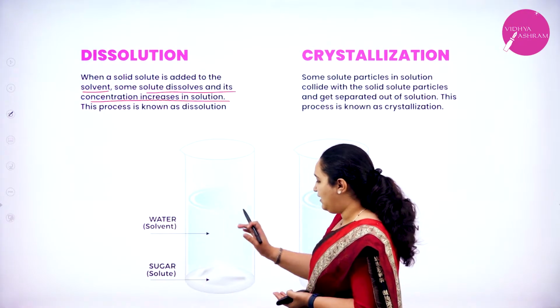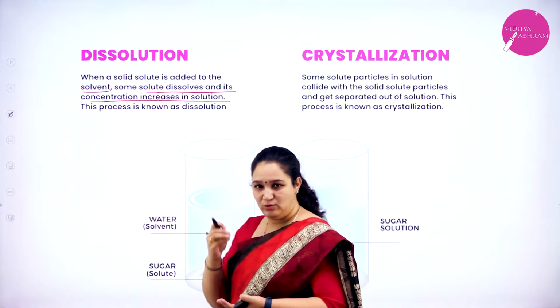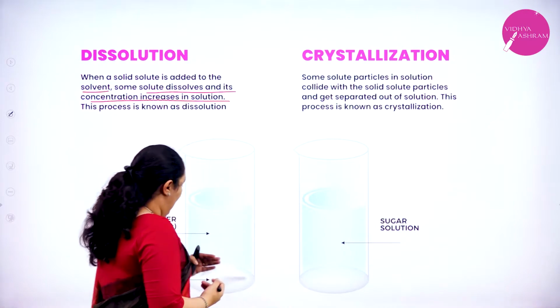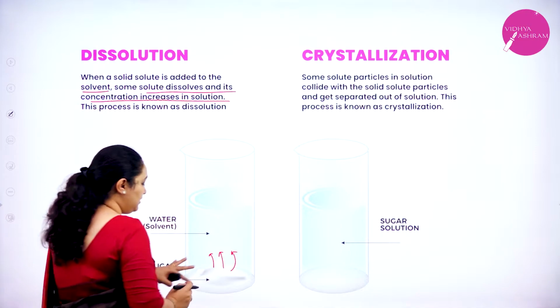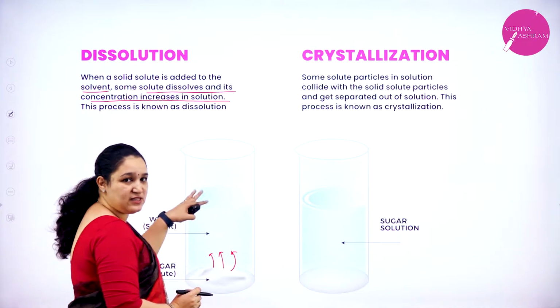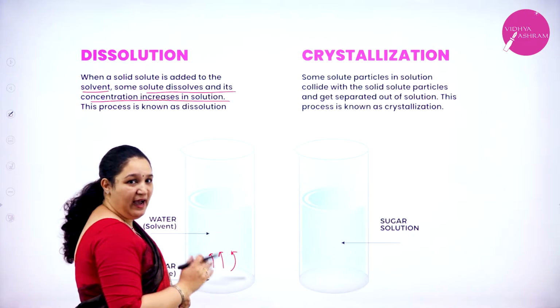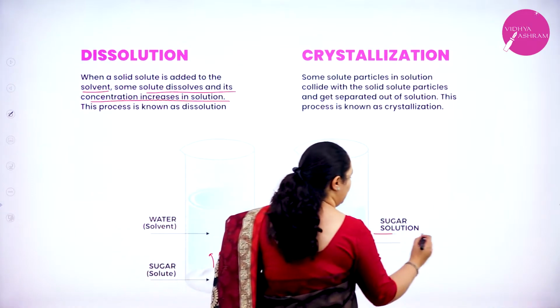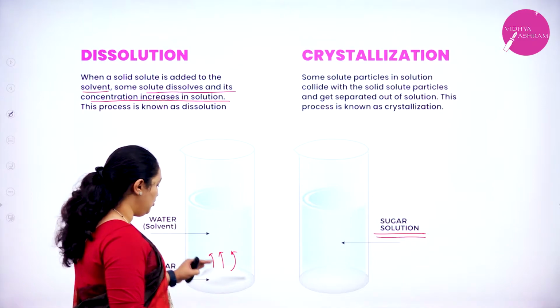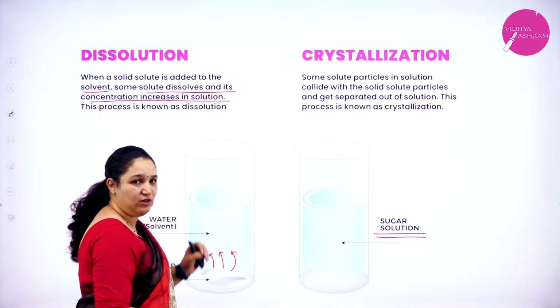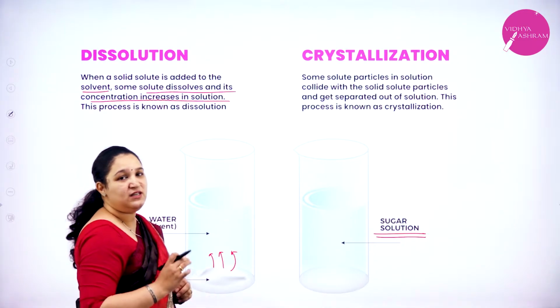So if I have taken some sugar, added to water, as this sugar dissolves, the concentration of sugar increases in this solvent and you get sugar solution. The process of dissolving a solute in a solvent is called as dissolution.